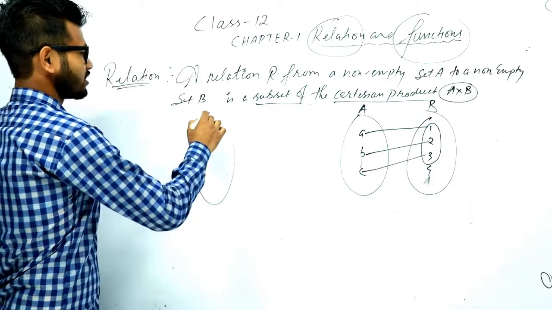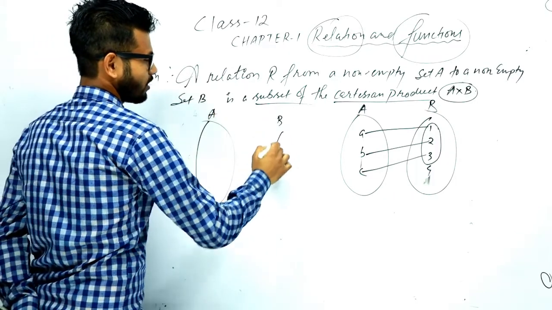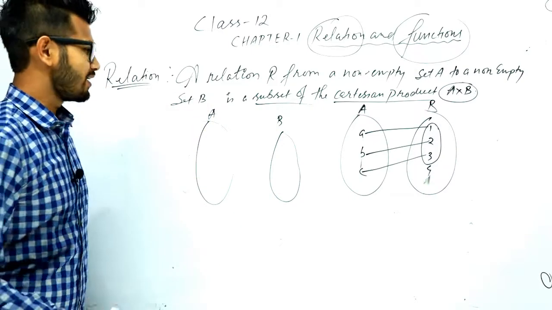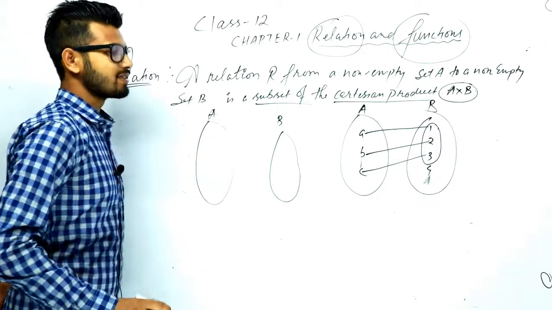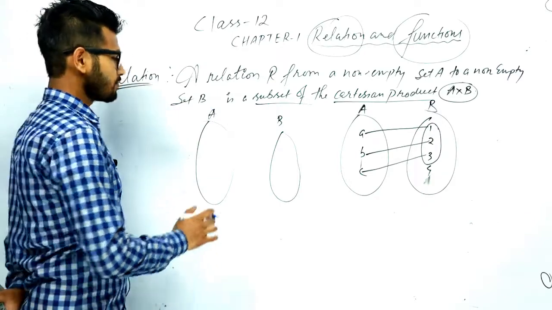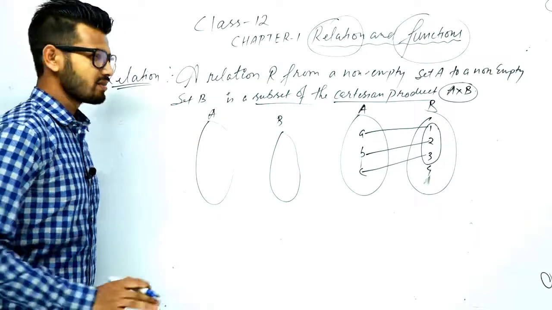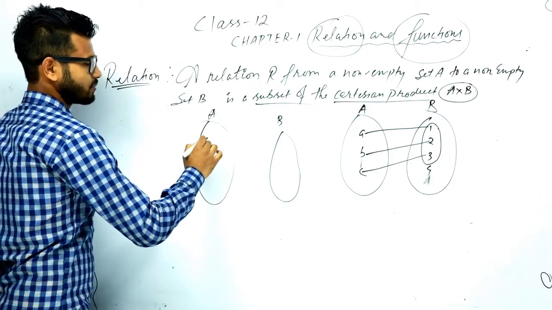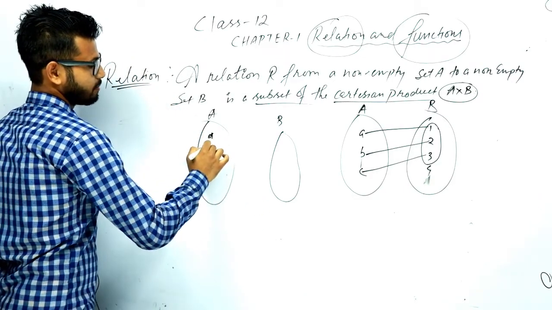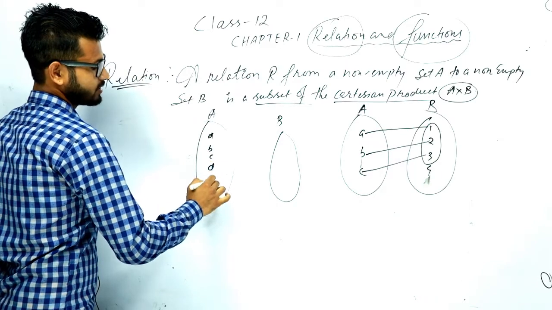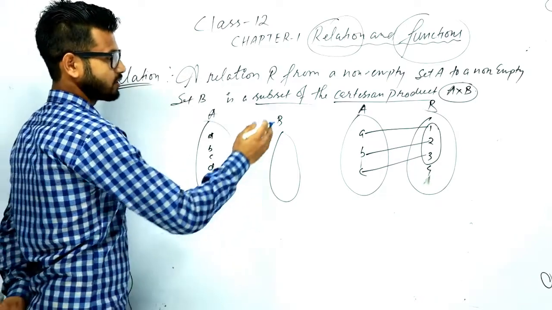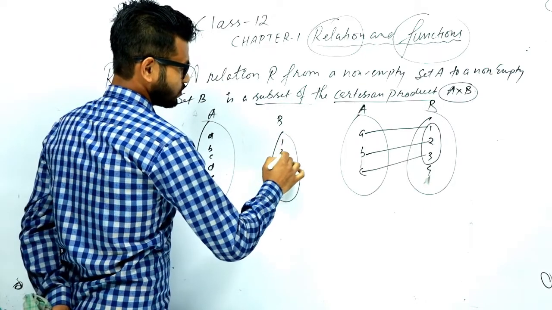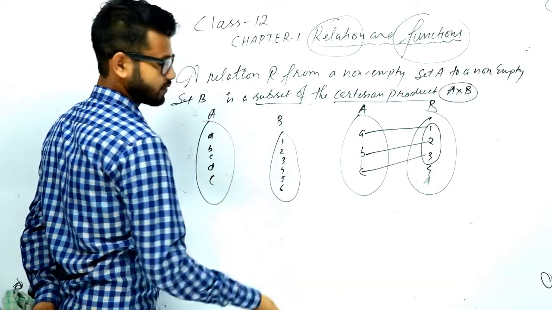Suppose we want to set a relation. Suppose set A is the candidate names, A, B, C, D, and suppose set B is the set of marks scored in mathematics, let us consider 1, 2, 3, 4, 5, 6, whatever.